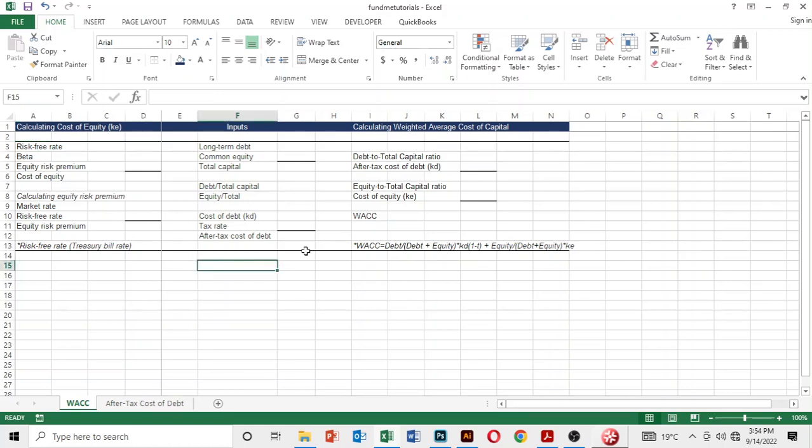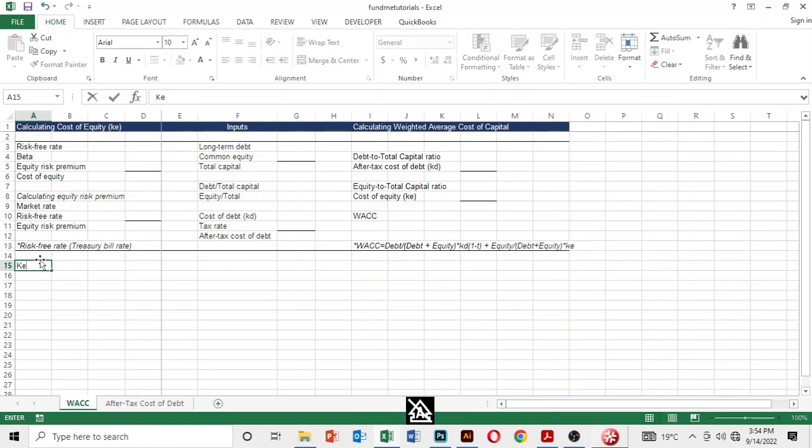Right, so to calculate the cost of equity, in fact the expected rate of return, the formula is, I haven't written the formula here, so let me just write it there.